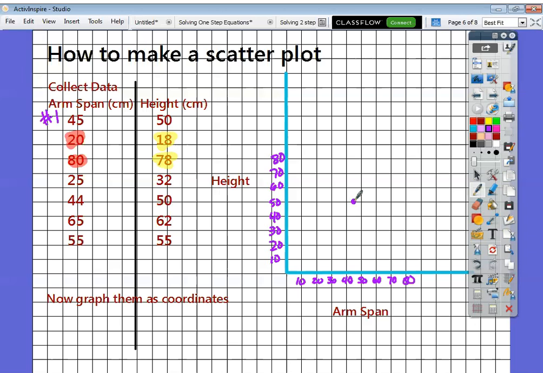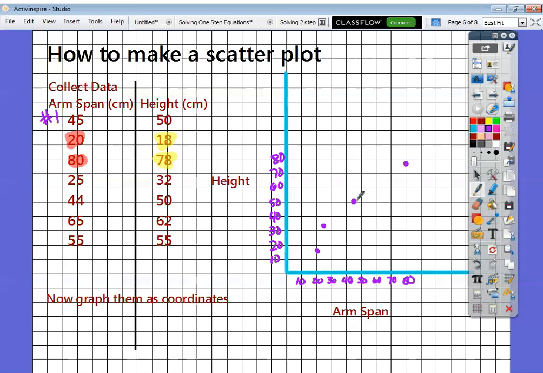Person number 2 has an arm span of 20 and a height of 18. So I'm going to guesstimate that 18 is right about there. Next person has an arm span of 80 and a height of 78, right about there. Next person has an arm span of 25 and a height of 32. So I'll put it right there. Next person has an arm span of 44 and 50.